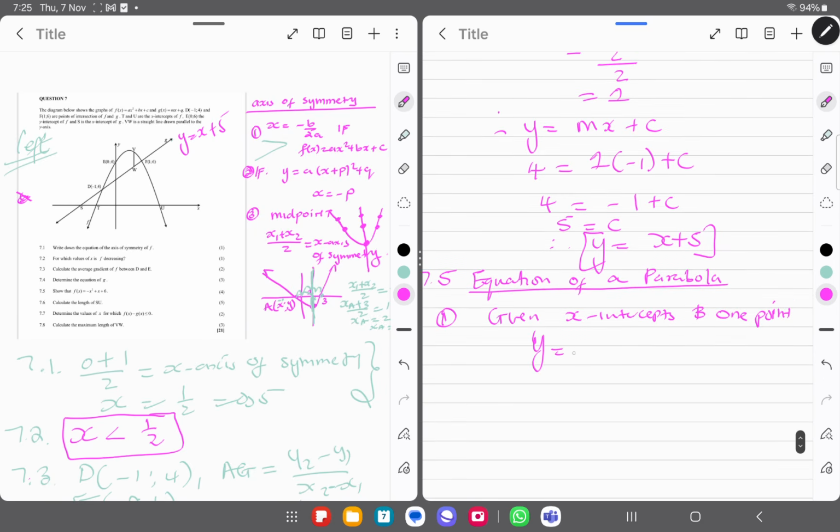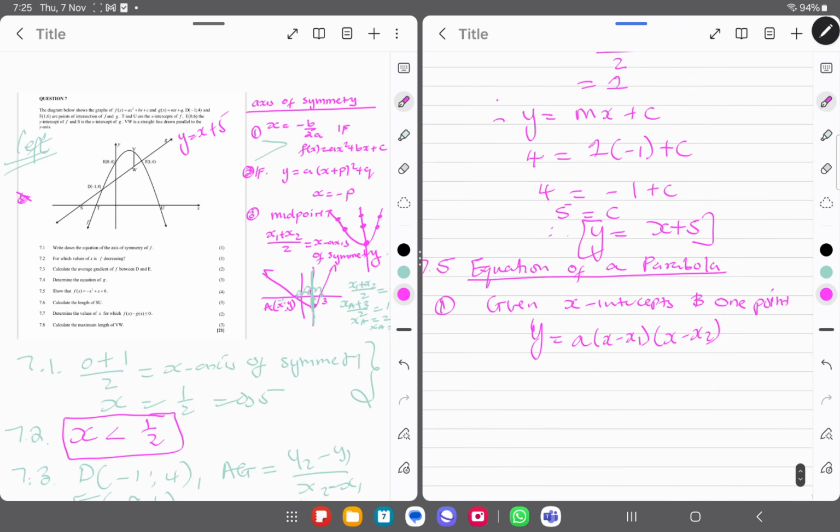This is the formula you use: y equals a(x minus x1)(x minus x2). This will be your x-intercepts, x1 and x2. This will be the other point. I should have said the x-intercepts and the other point.